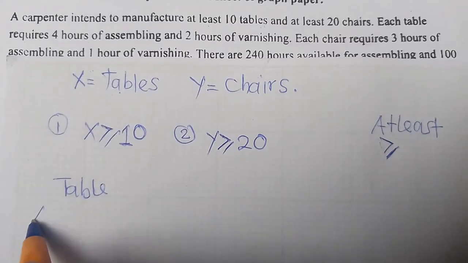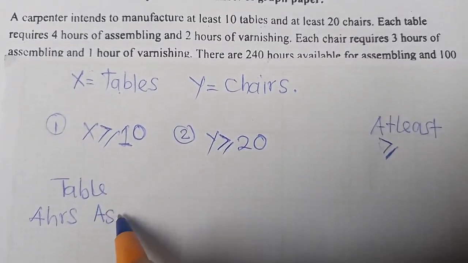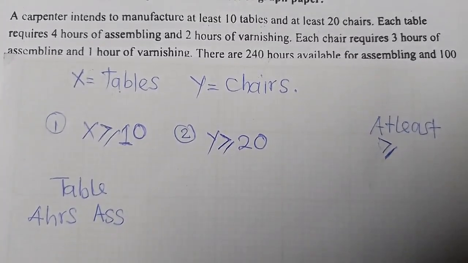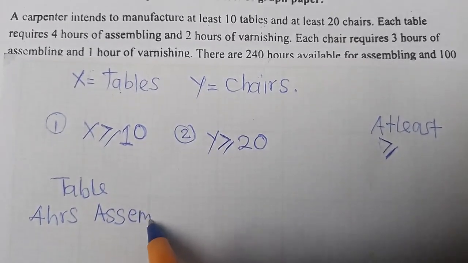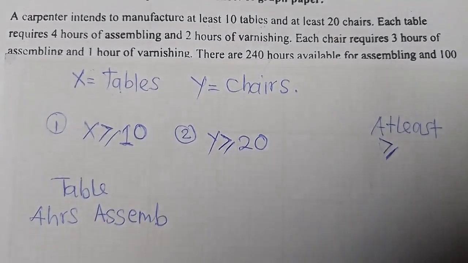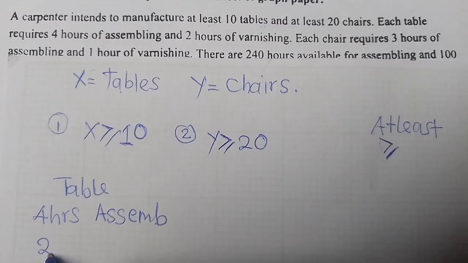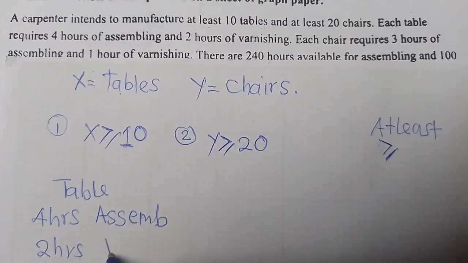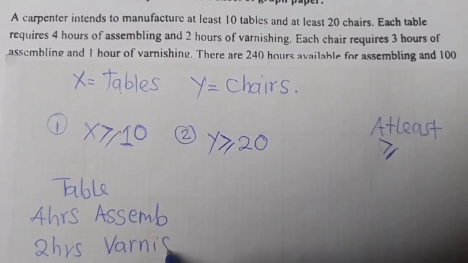So 4 hours, this is for a table. 4 hours for assembling. I'll just say assembling. Then 2 hours for varnishing. So 2 hours is for varnishing.